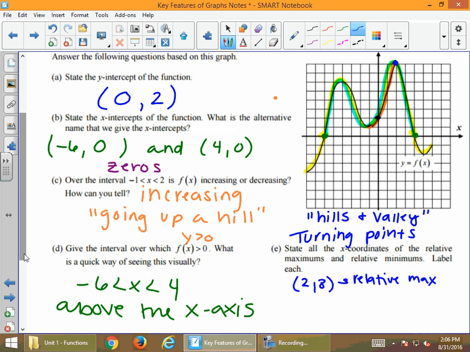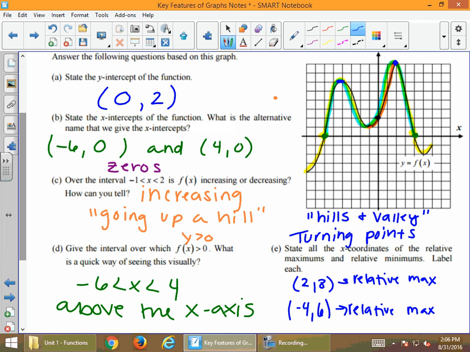Other point is the top of the hill. Right? 6. And again, the top of a hill. Do you have any more tops of hills? Nope.